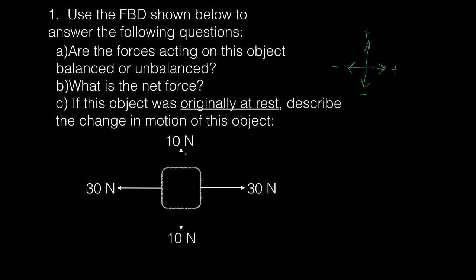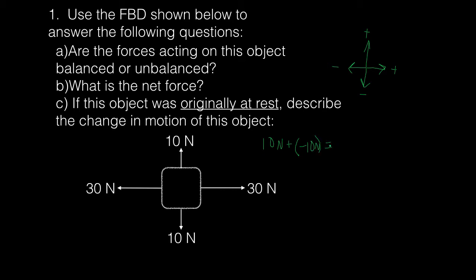And so when we look at this, if we're trying to find out if the forces acting on this are balanced or unbalanced, we have 10 newtons of force going up and 10 newtons of force going down. If you were to add these together, you will see 10 newtons going up, and you're going to add that to the 10 newtons that are going down. But because it's going down, it's got a negative sign, so we're going to add a negative 10 newtons as well.